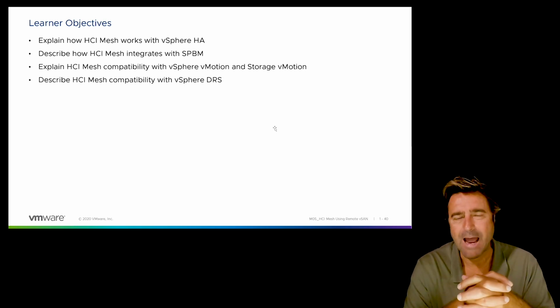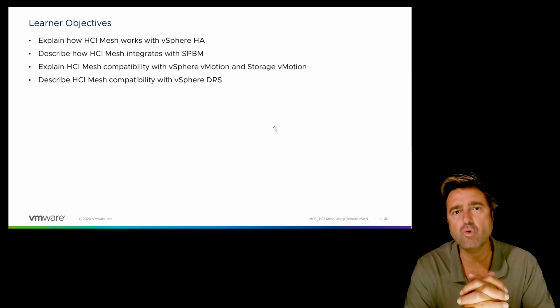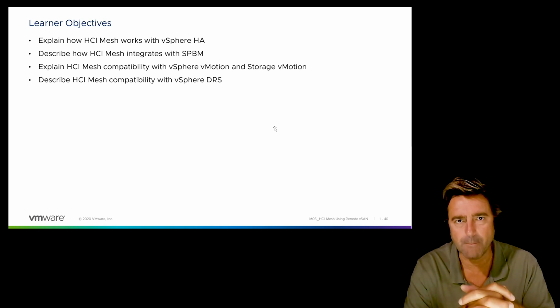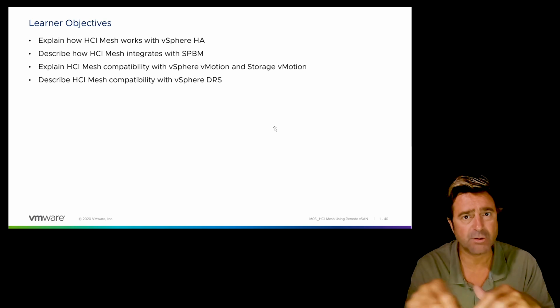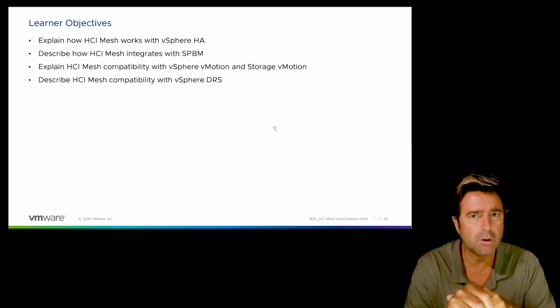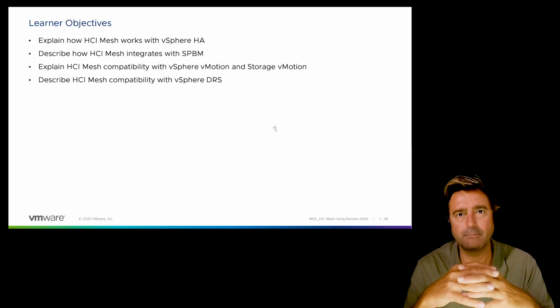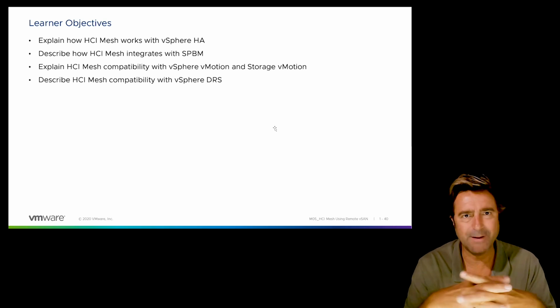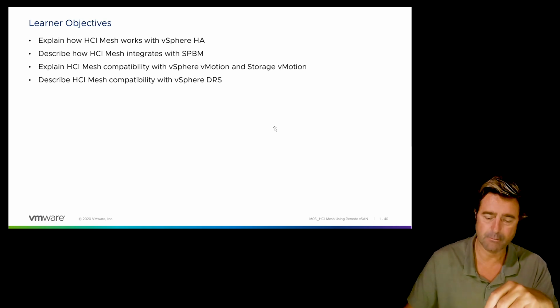Number 3, I've already shown you my demo that you could always storage vMotion your VMs from one data store to another. You better believe you could also migrate a VM. I'm talking about cross-cluster vMotion. That is compatible. And then lastly, we'll talk about the relationship between HCI Mesh and DRS.